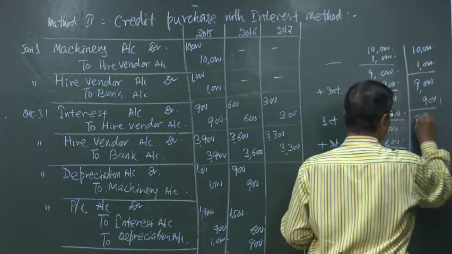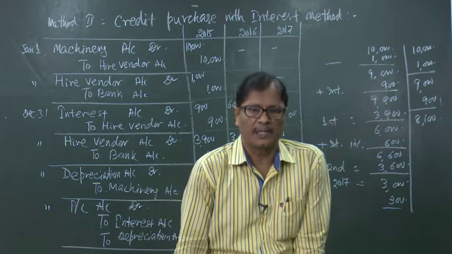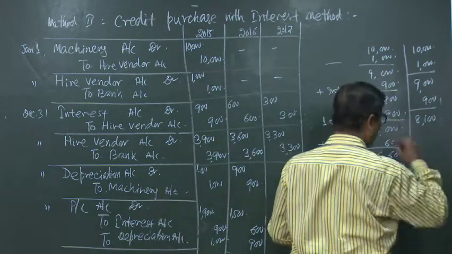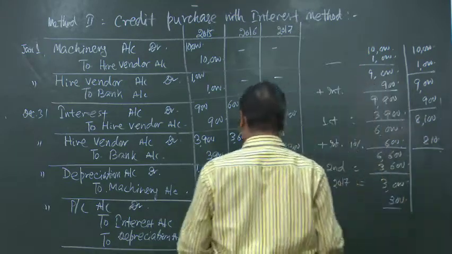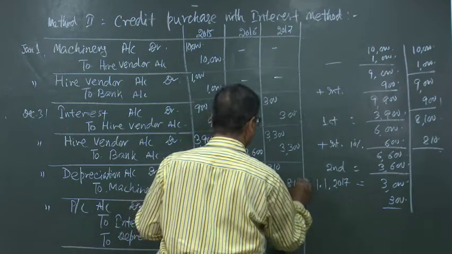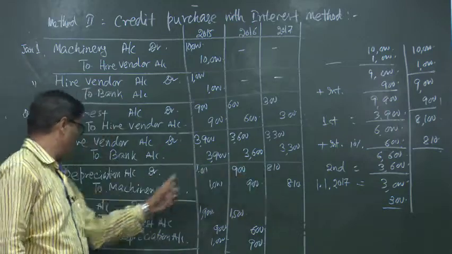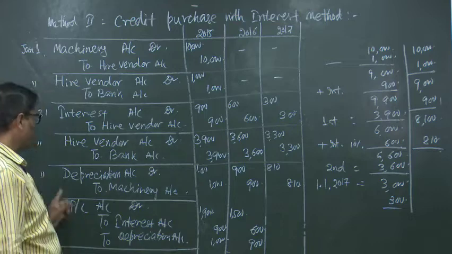So, it was 8,100 at the beginning of the year. So, far as the balance of the asset is concerned, 8,100. From 8,100 in the third year the depreciation will be 810. So, we can write 810 here, that is depreciation account debited 810 to machinery account 810. So, that is in the third year.